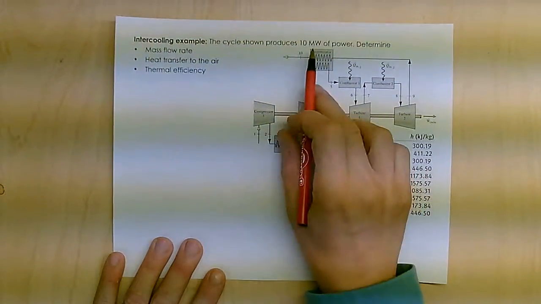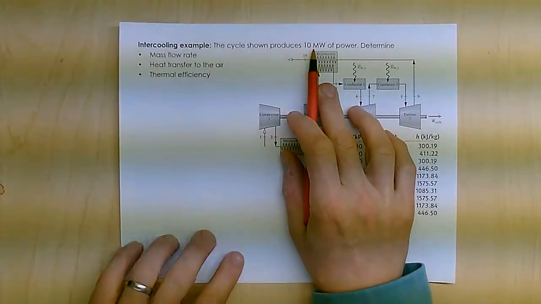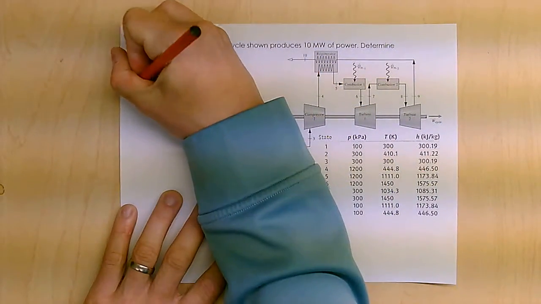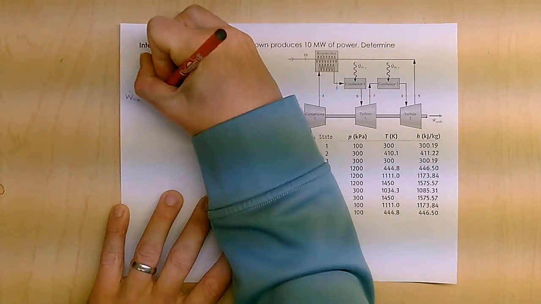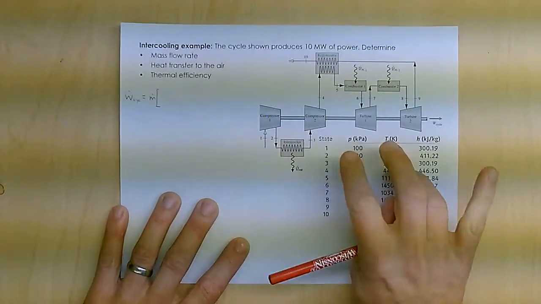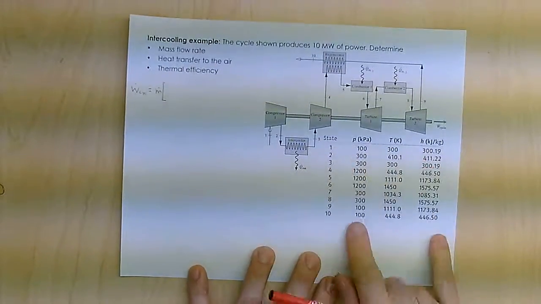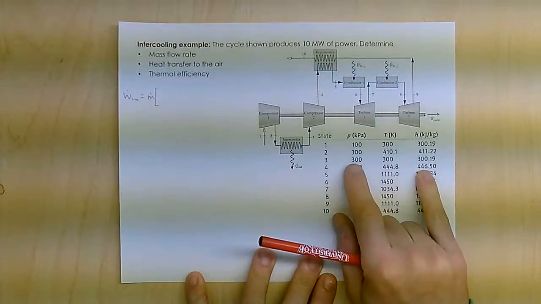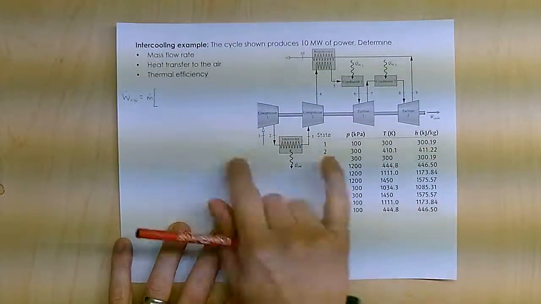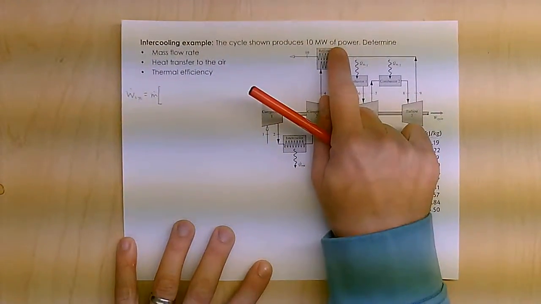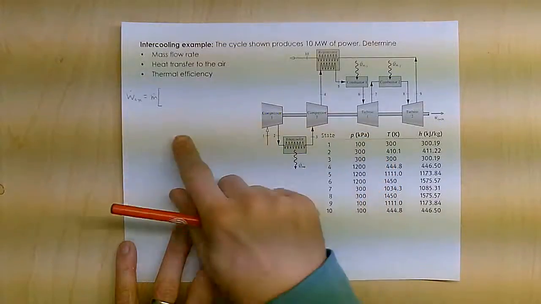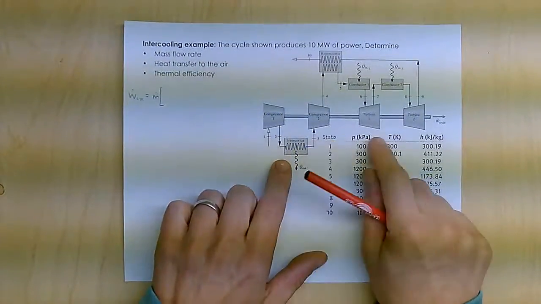First thing I'll do is use how much power is produced, where the work of the cycle is going to be the mass flow, which is what I'm looking for. I didn't say, it's given me all my H values here. So with all those H values, and knowing the work of the cycle, I can find the mass flow just by delta H of all these things.